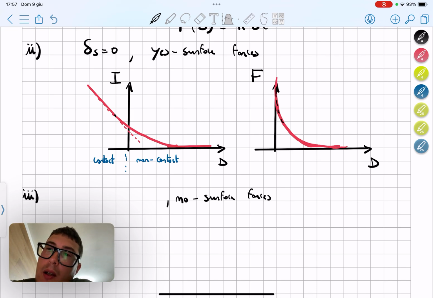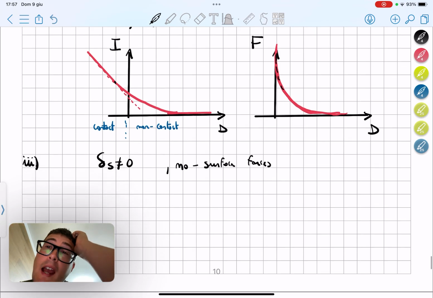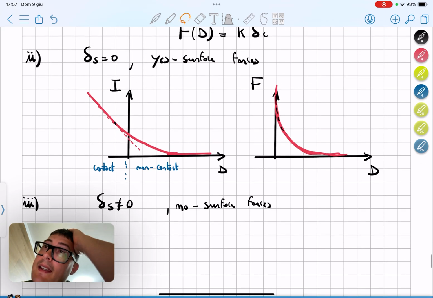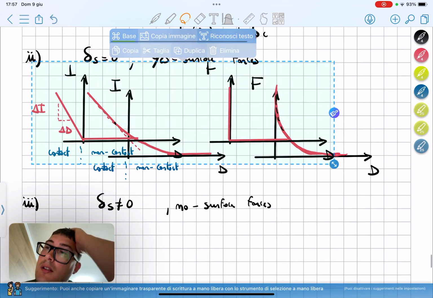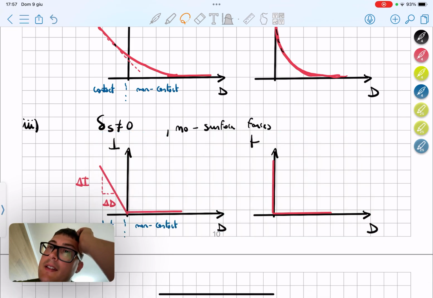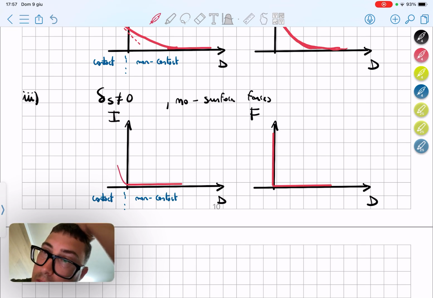But we say that the deformation of the sample is different from zero, which may be the case of some organic material. And in this case, what we have is something like that. It goes in this way here.